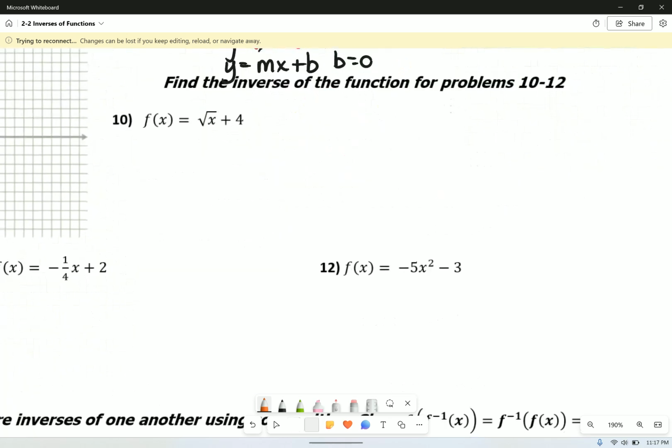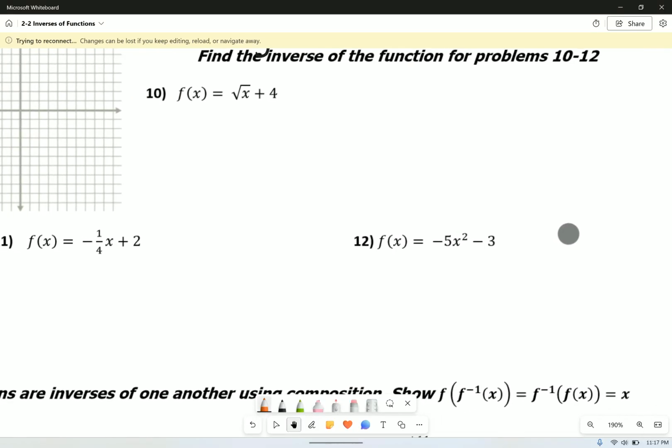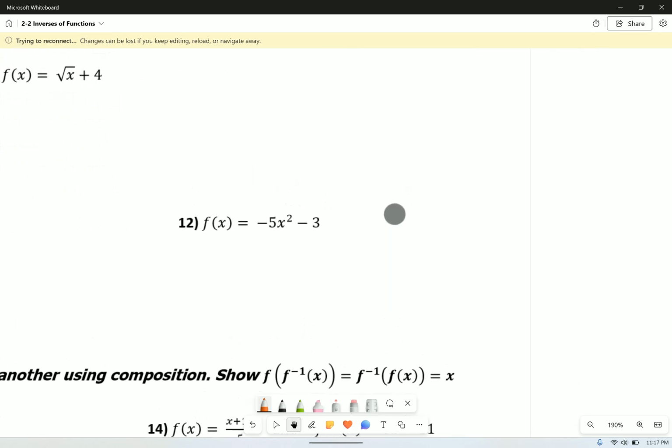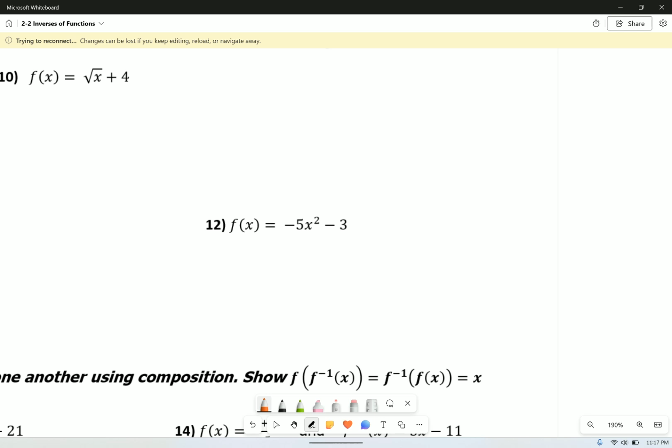Moving on. Finding the inverse given an equation. So let's specifically do, I don't know, let's do number 12, I guess. All right. And then you guys can practice with the other two.